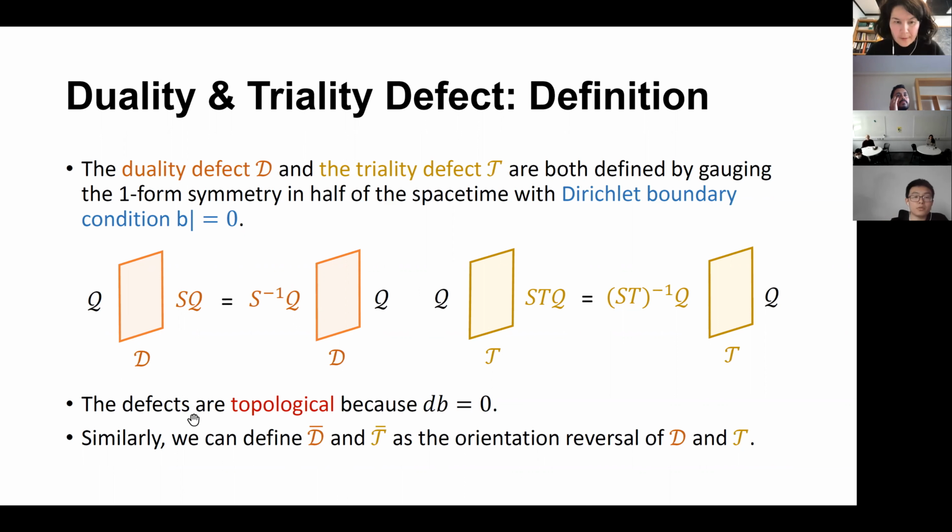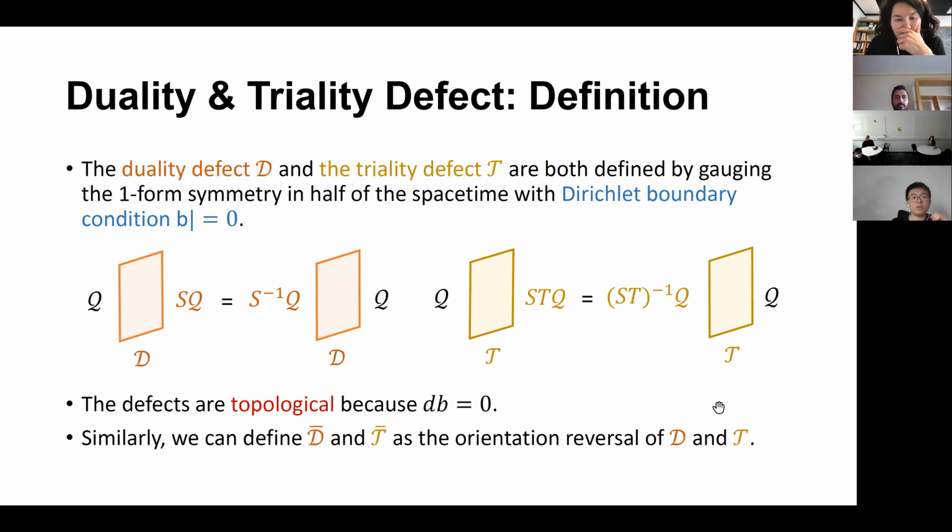When we rotate the pictures, we find that D bar separates SQ, which lives on the left-hand side of the defect, and Q, which lives on the right-hand side. So orientation reversal of D and T is simply rotating the picture that I've drawn here.